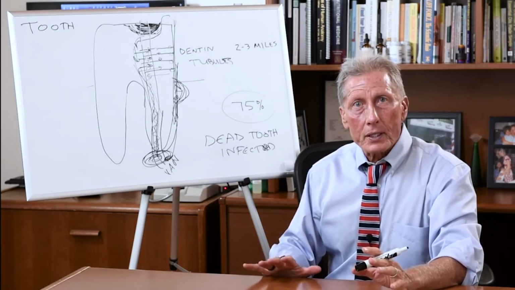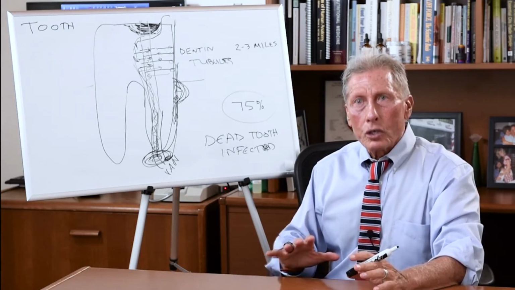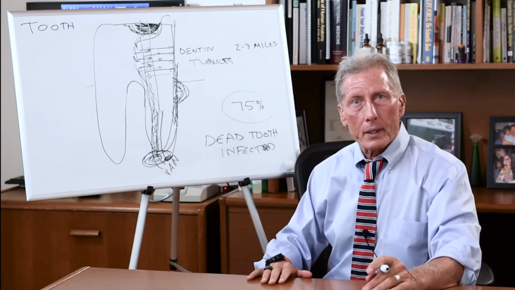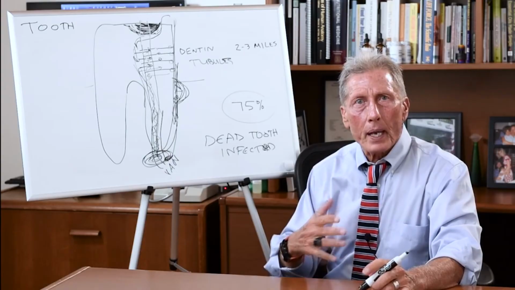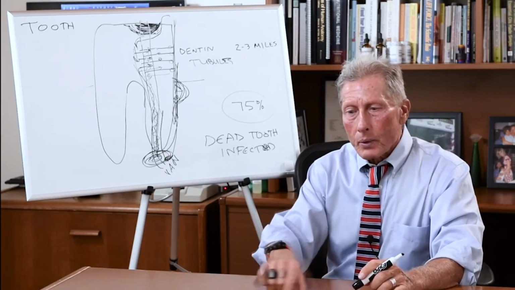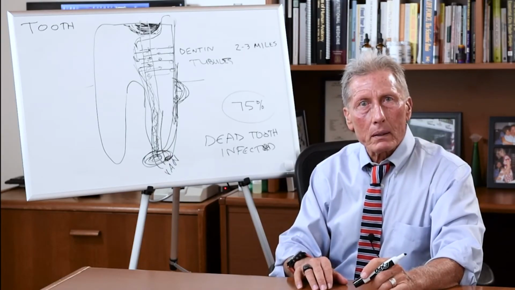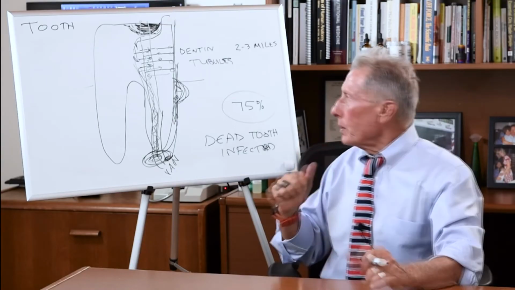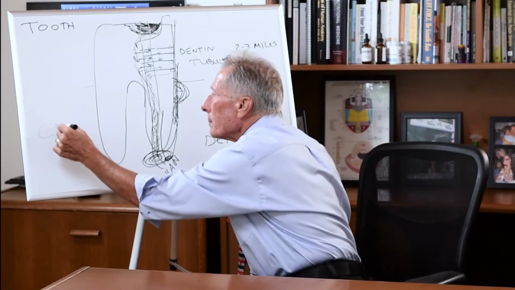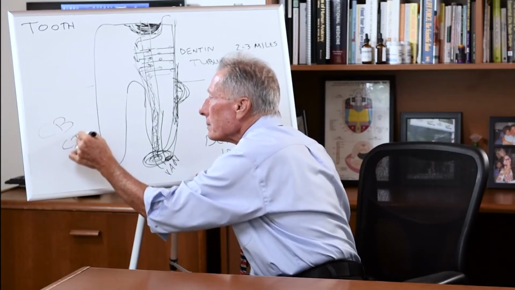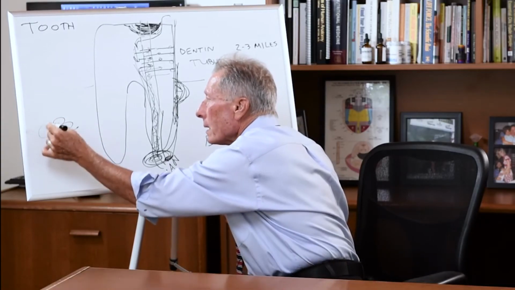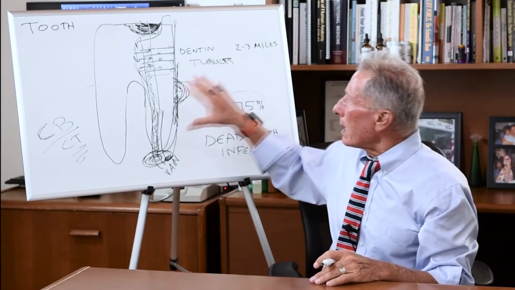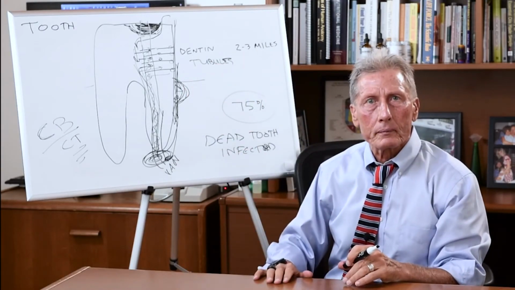But if you're walking around with these things, you could end up with a problem later on because nobody's looking at this. When I get a new patient, when I see on the record that they have had a root canal, my first action is I send them down the street and we do what's called a CBCT. So this is a CT scan. CB stands for cone beam. It's a cone beam CT of the teeth only.